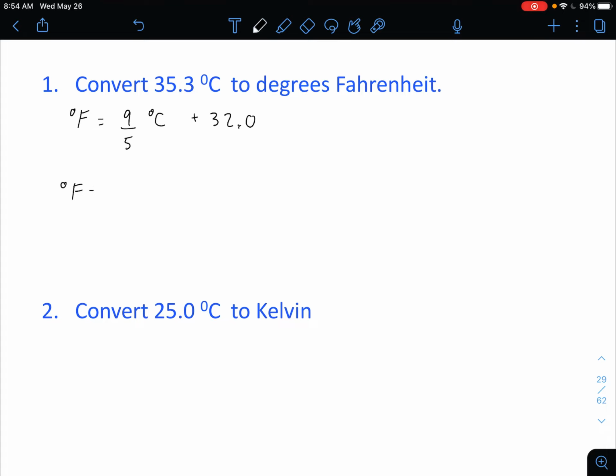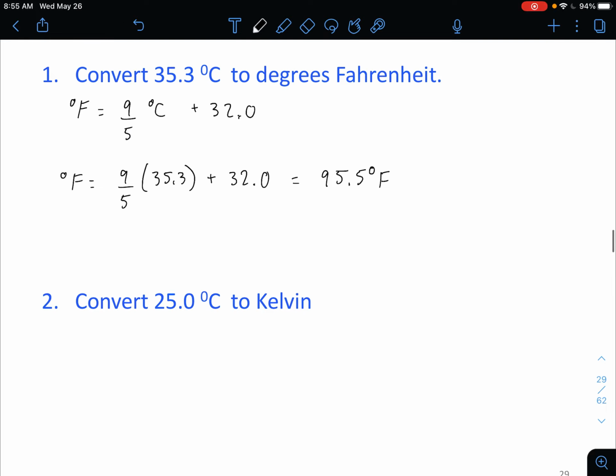It would be degrees Fahrenheit equals 9/5 times 35.3 plus 32.0. Find my calculator real quick. Okay, so I'll call it 95.5 degrees Fahrenheit. Like I said, probably pretty old news, but hopefully that makes reasonable sense.